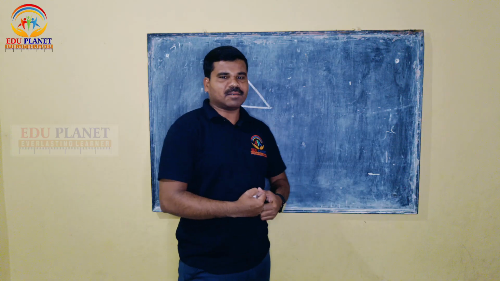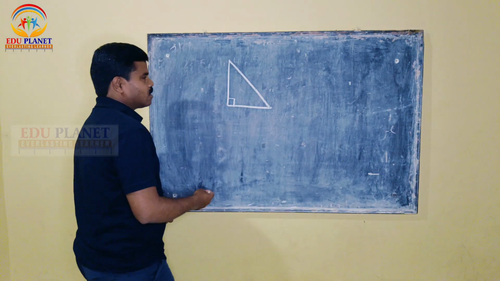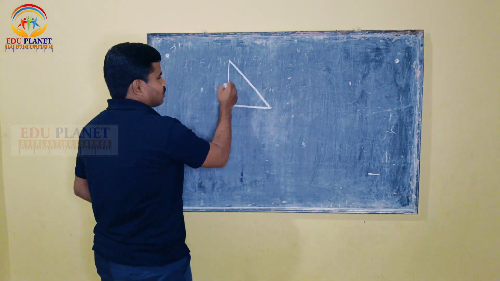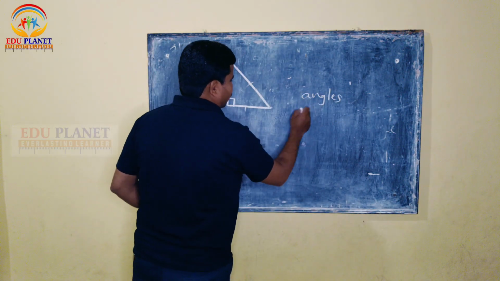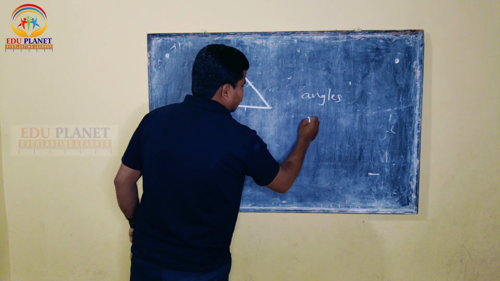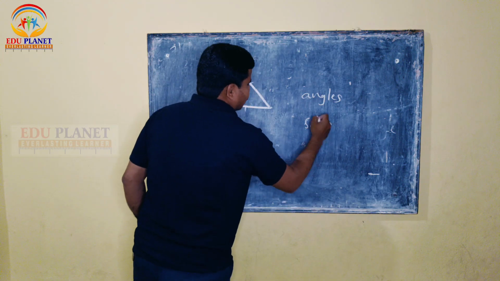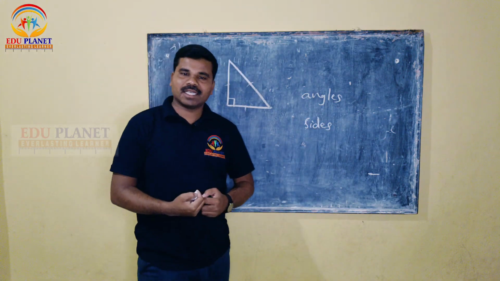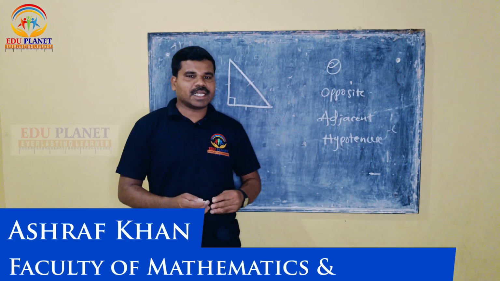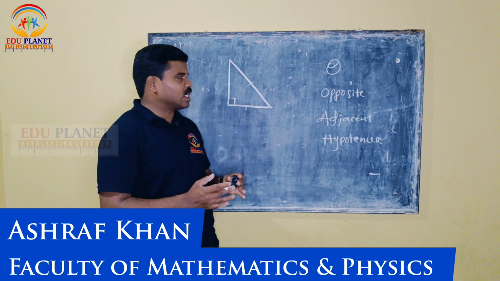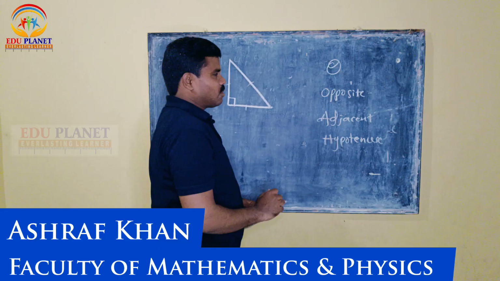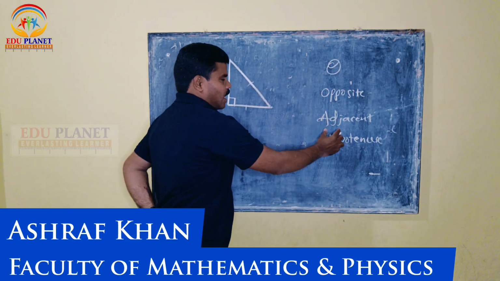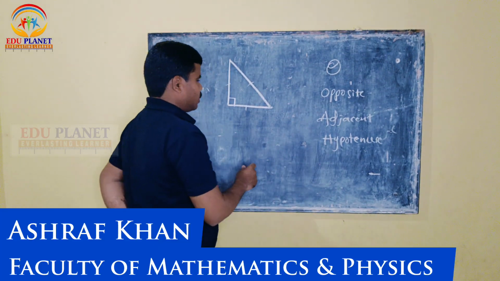Trigonometry is a branch of mathematics which deals with right triangle sides and angles. With the help of right triangle angles and sides, we can solve trigonometry related problems. In the right triangle, generally we use four components: theta, which represents some angle, and the opposite side, adjacent side and hypotenuse.